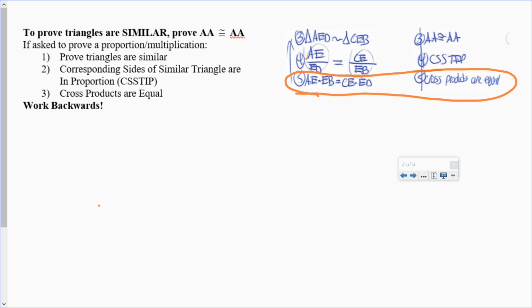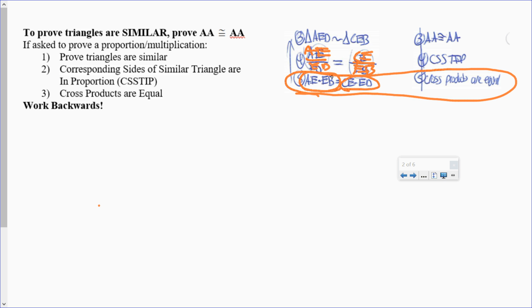Above that, we start with a blank proportion. Whatever's being multiplied, since they're being cross multiplied, they're going diagonal from each other. So AE and EB must be diagonal from each other. Same thing with CE and ED. So it doesn't matter exactly where they go, as long as they're diagonal from each other.